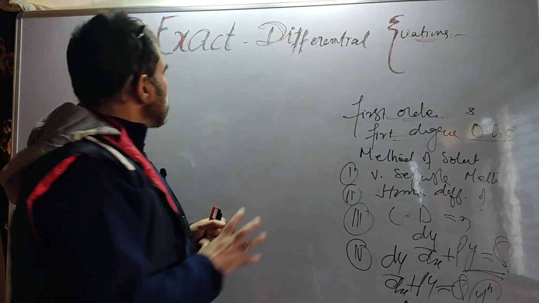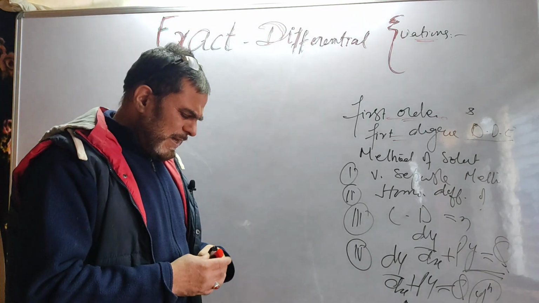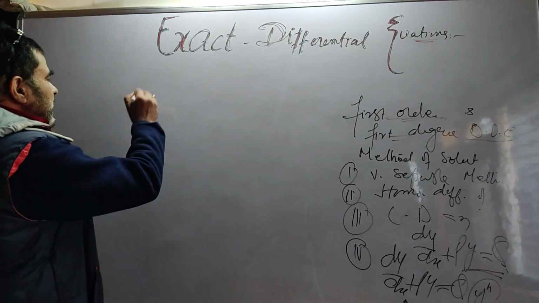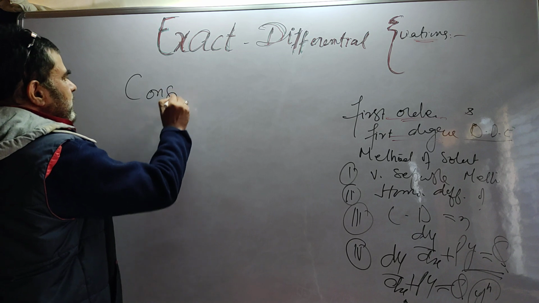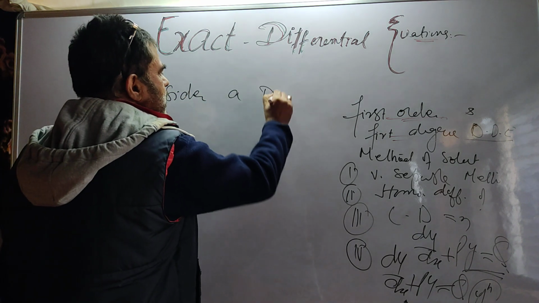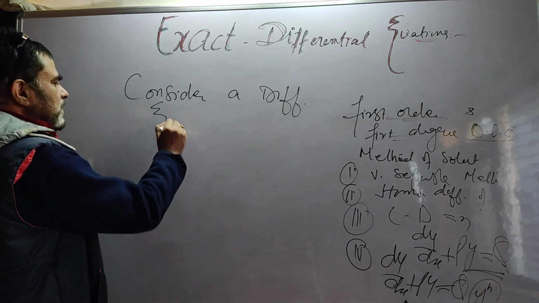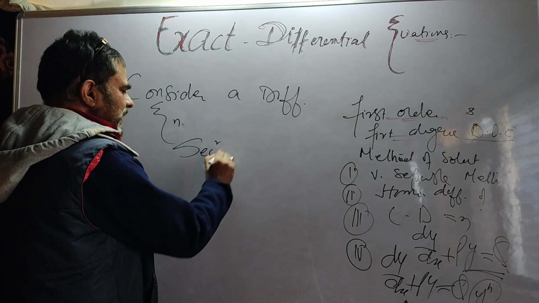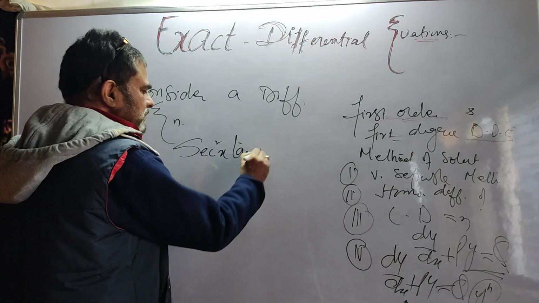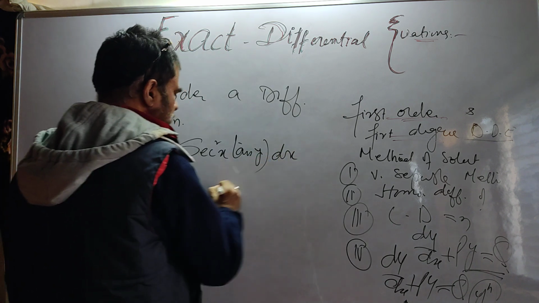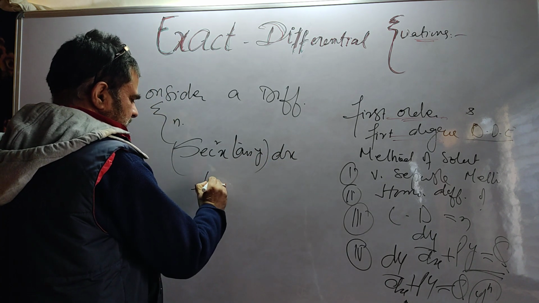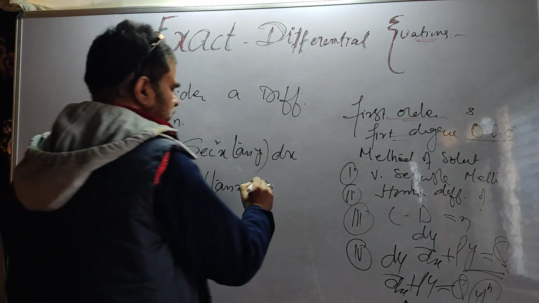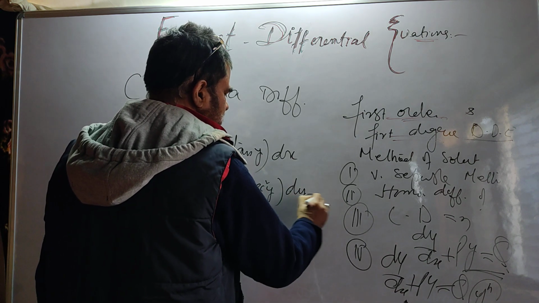Before defining what an exact differential equation is, I will consider a differential equation. Let us consider the differential equation sec square x tan y dx plus tan x sec square y dy is equal to 0.